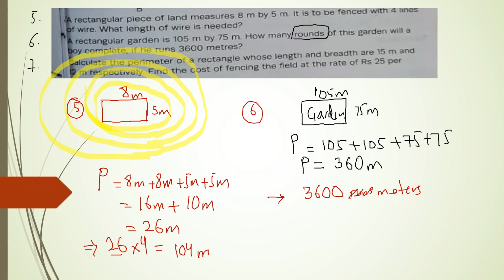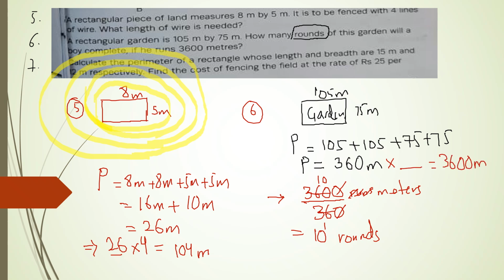Now we know that the perimeter is 360 meter. So to know how many rounds of the garden he has taken, we will divide 3600 by 360, and we will get 36 1s are 36 and 36 10s are 360, 10, right? So it will be 10 rounds. Or another way you can do it is, we know that the perimeter is 360, and 360 multiplied by what is 3600 meter?